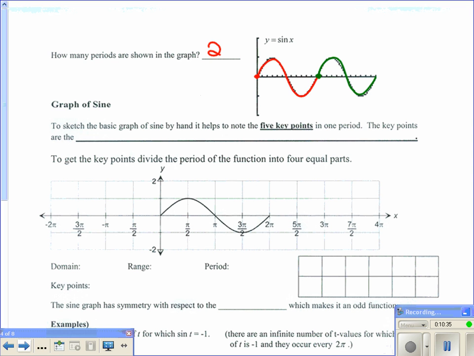So let's talk more specifically about the graph of sine. To sketch the basic graph of sine by hand, it helps to note 5 key points in one period. The key points are the intercepts, and the maximum and minimum points.